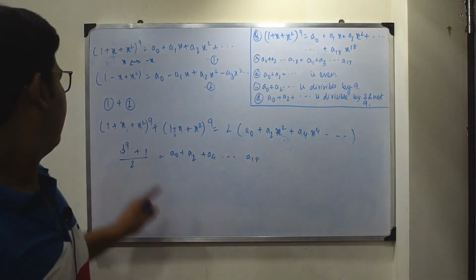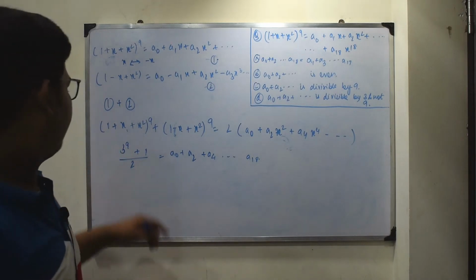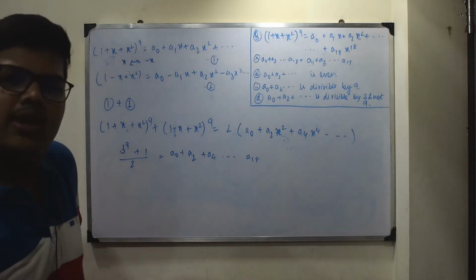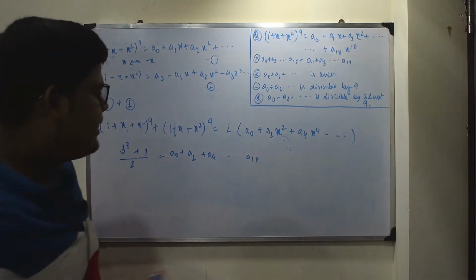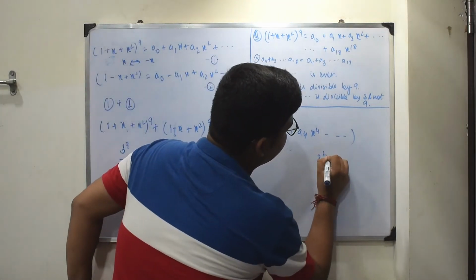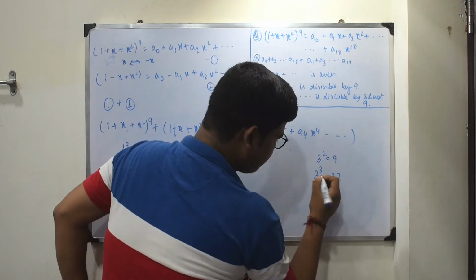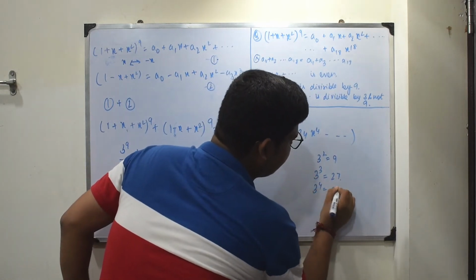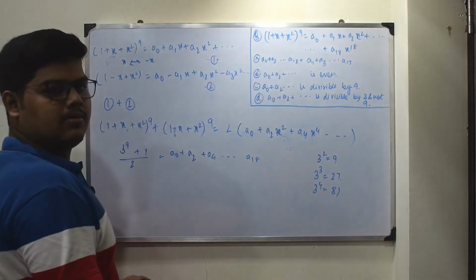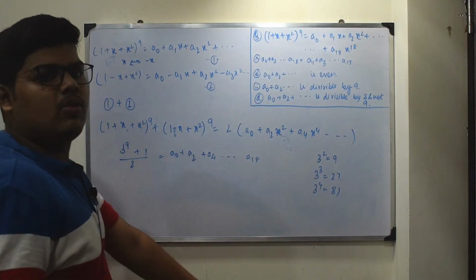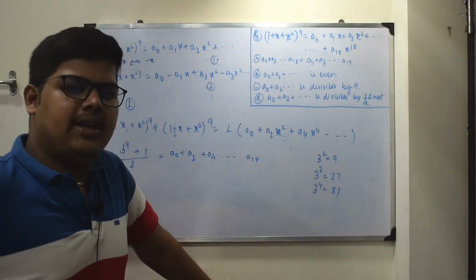Now 3 to the power anything will give us an odd number, like 3 square is 9, 3 cube is 27, 3 to the power 4 is 81. Likewise, we will only get odd numbers. If we multiply two odd numbers, we always get an odd number.